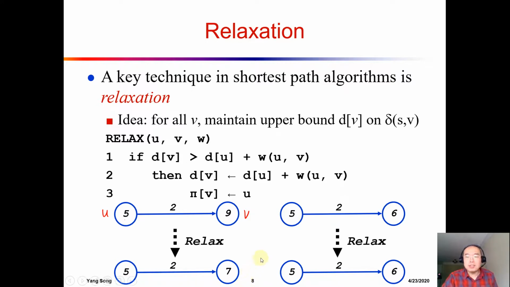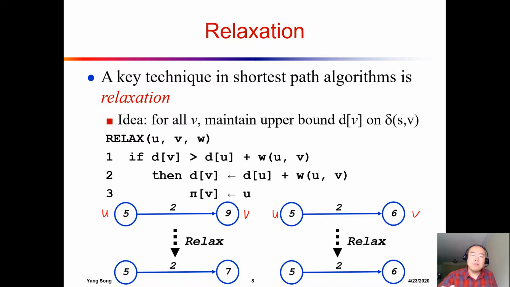And in another case, du is 5, dv is 6, and the cost is 2. Okay, so in this case, let me write the u here and v here. If we want to get to v by first getting to u and then taking the path u to v, the cost will be 7. So we can still go from u to v, no problem.